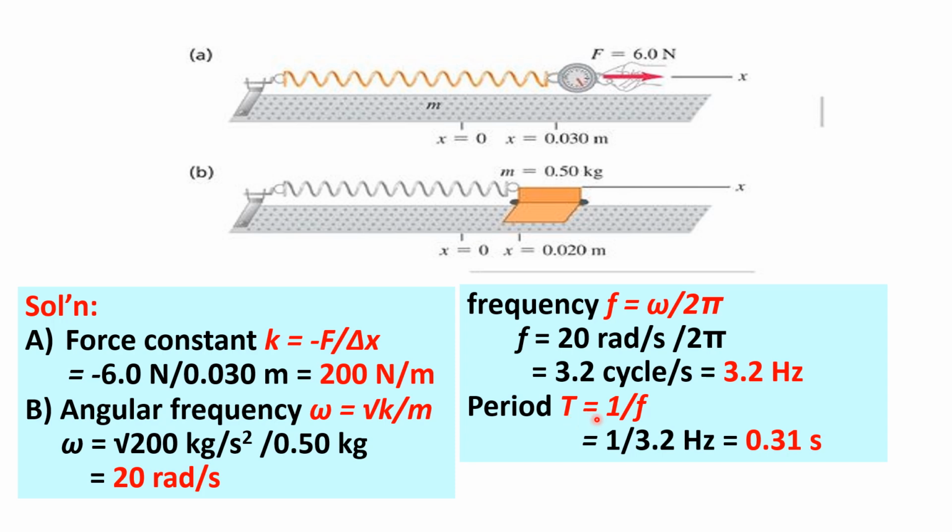That is equal to the reciprocal of the frequency f. So the period T is just 1 over f, or 1 over 3.2 hertz. Getting the reciprocal, our period is equal to 0.31 second.